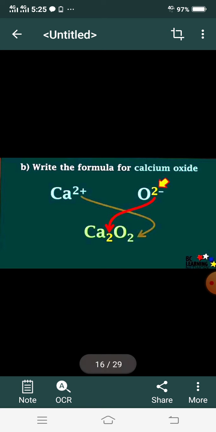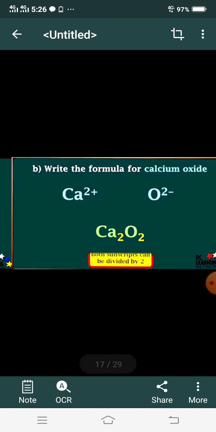Now look at this point. In the last example, we have magnesium chloride like that. Magnesium has one subscript and chlorine has two subscript, and they cannot be simplified by any number. They are not supposed to be simplified any further. But here calcium and oxygen both have 2 as a subscript and they are cancelled by a single digit 2.